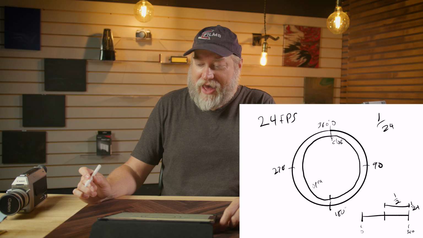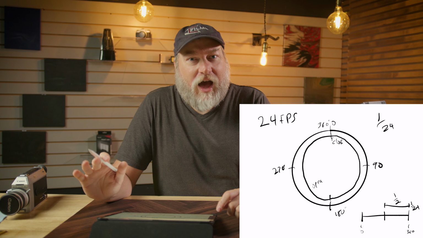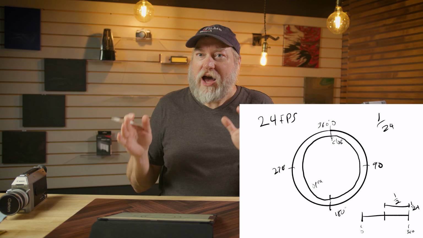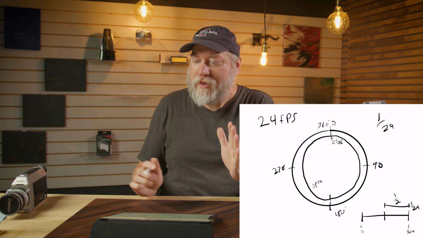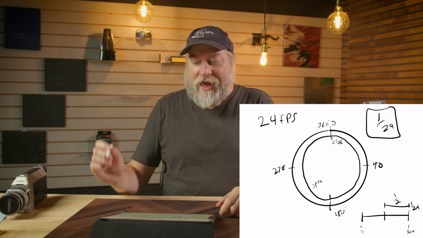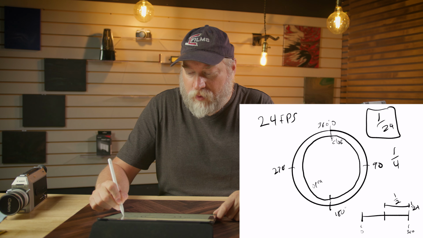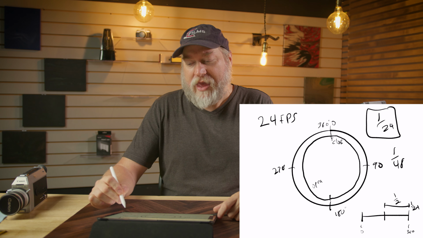But on top of that, if it's only open for half of the duration of the frame, and the frame we've already defined as 1/24th, then half of that means 1/48th.